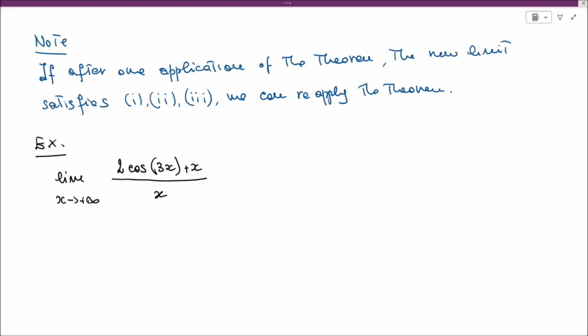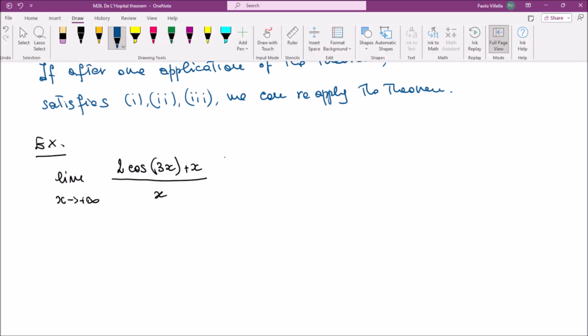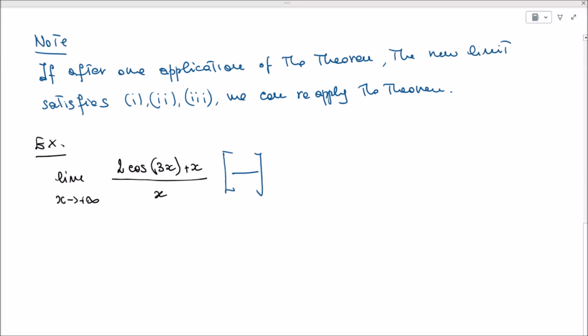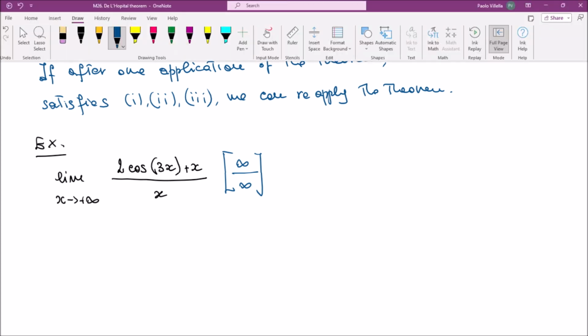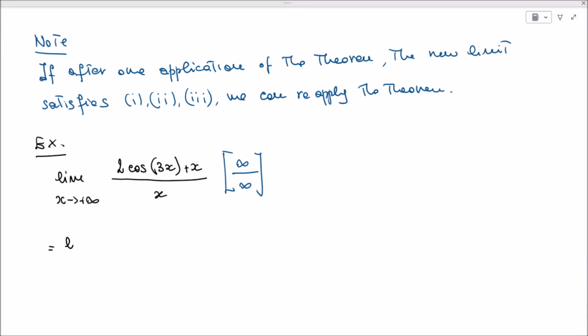Now, we immediately realize that this limit is one of the indeterminate forms covered by the L'Hopital theorem, because we have infinity at the denominator and infinity at the numerator, right? Now, we might think, okay, let's see if we can apply the L'Hopital theorem and say that this is just equal to the limit as x goes to plus infinity of the ratio of the derivatives.